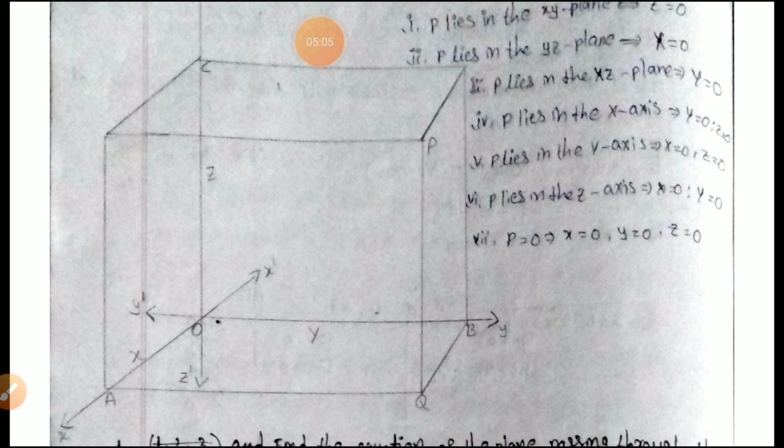Further, we have points Q, R, S, where Q is a point in the xy plane, R is a point on the yz plane, and S is a point on the zx plane. Then we can easily see that the coordinates of A will be (x, 0, 0), B will be (0, y, 0), and C will be (0, 0, z).